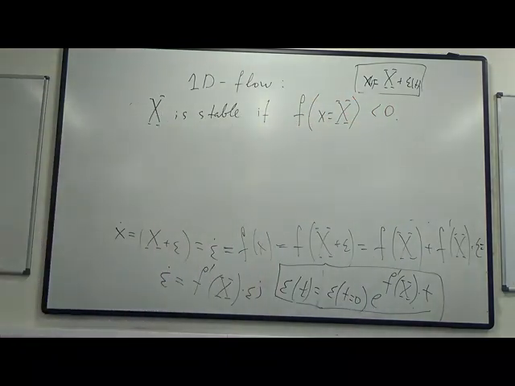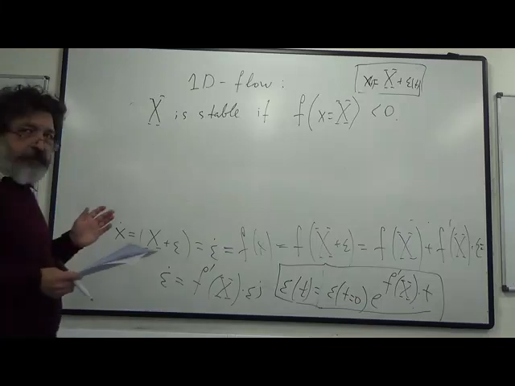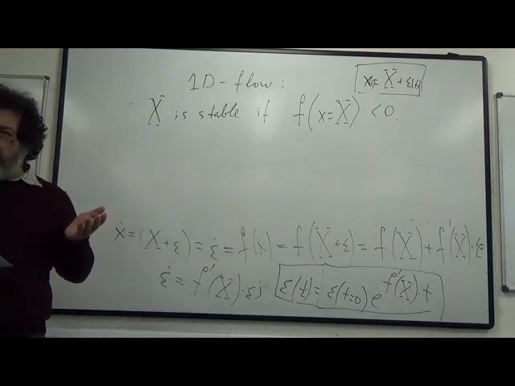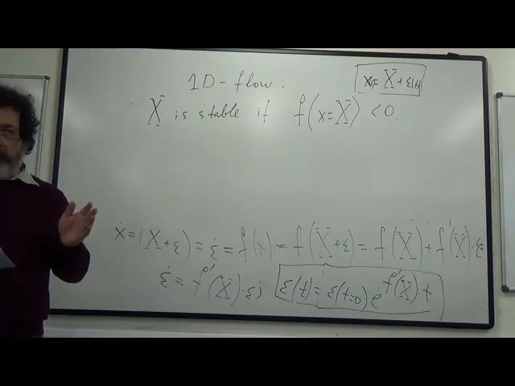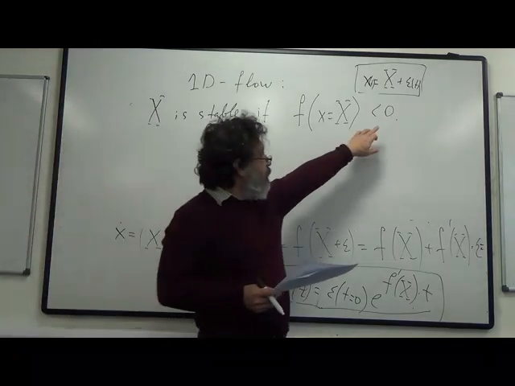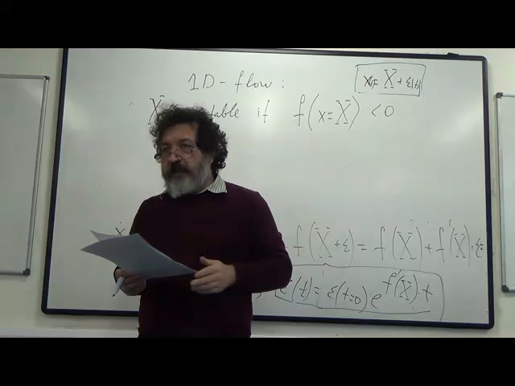You remember that for maps the derivative had to be between -1 and 1 for stability. So this is the difference between maps and flows. For flows you compare everything with 0. I think I made this mistake a couple of times. Instead of considering 1 as a threshold for maps, I was considering 0 on a couple of occasions previously, which was wrong, obviously. So here we should compare the derivative with 0.